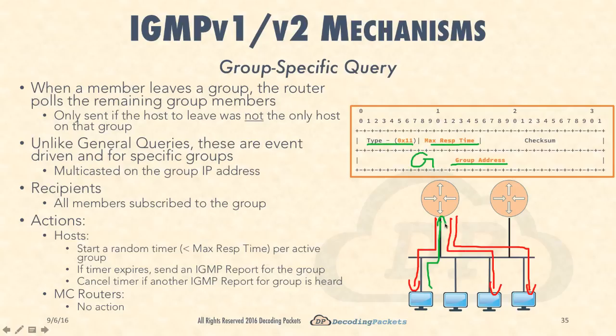Now, how the group-specific query would work really depends on who sent the group leave message. The router now has updated the state using the IP of 1. So as much as it knows, 1 is the only interested receiver that it is absolutely sure of, because the router received a report from that particular host.